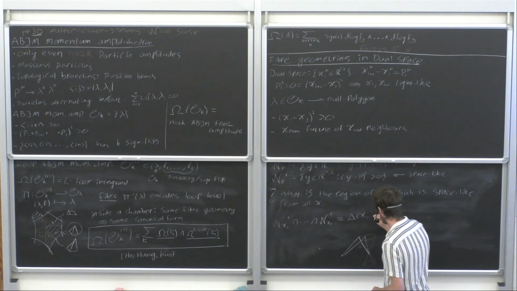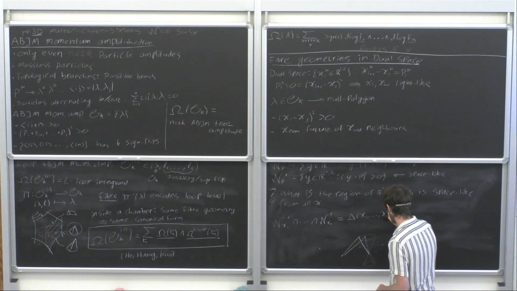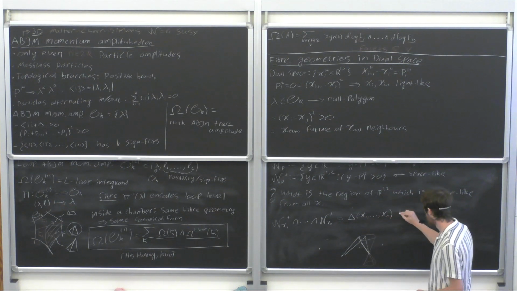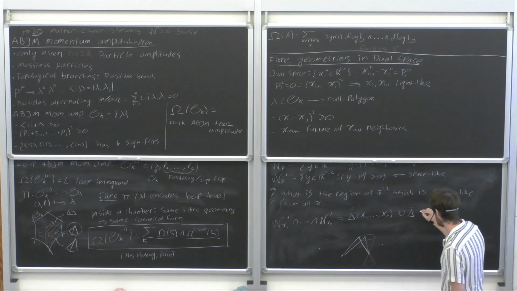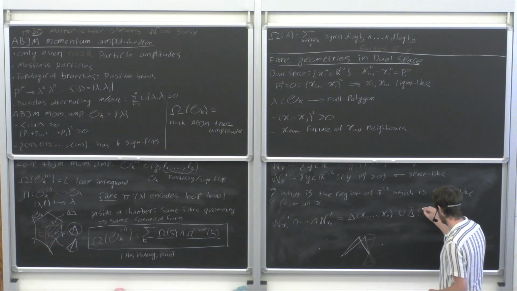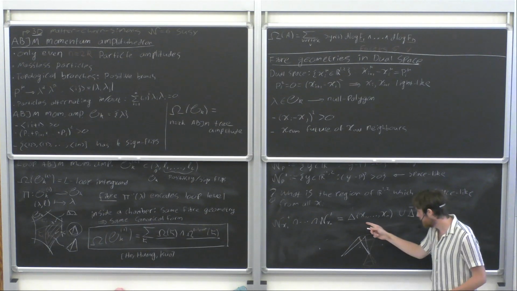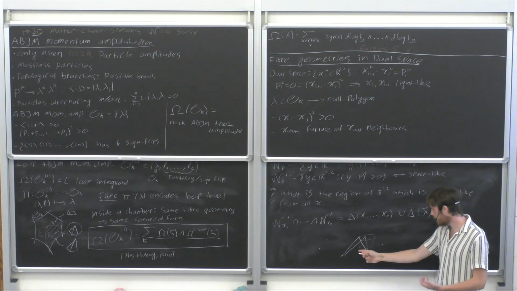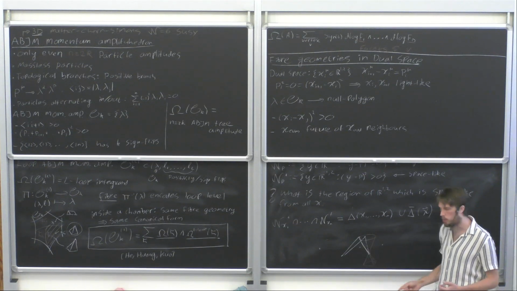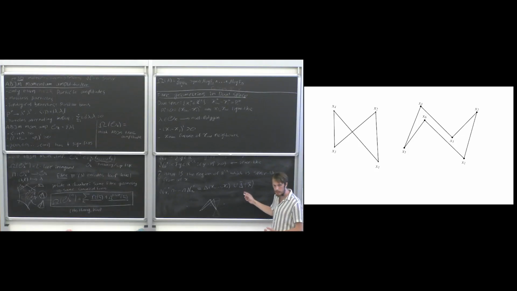A compact part, which I will call delta, and a non-compact part, which I'll call delta bar. So this delta is sort of the compact part, which lives sort of inside the null polygon, and there is a non-compact part, which lives outside, and it goes off to infinity. And I'll use this x with an arrow on top to abbreviate x1 through xn.